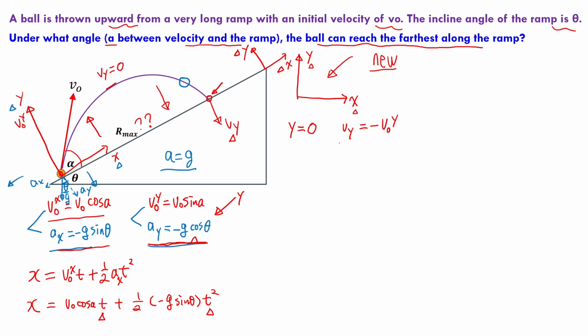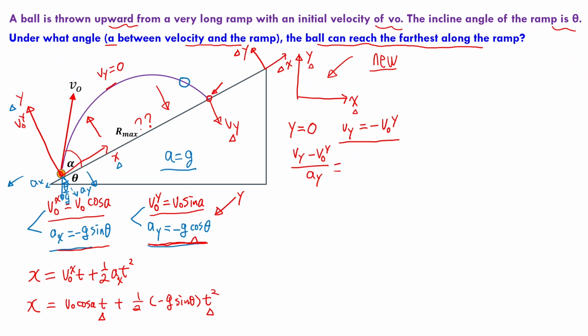So because we know the final vertical velocity and the initial vertical velocity, we can find the time. The time can be found by Vy final minus Vy initial, divided by the acceleration.